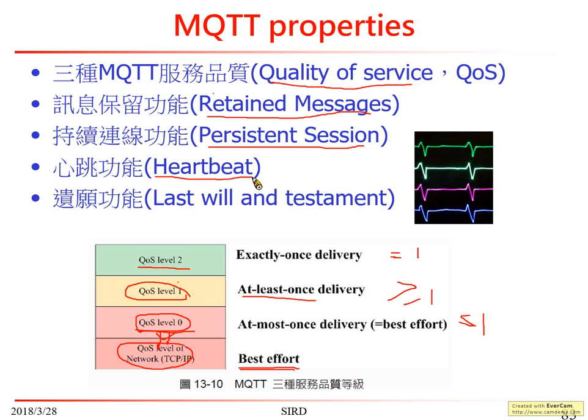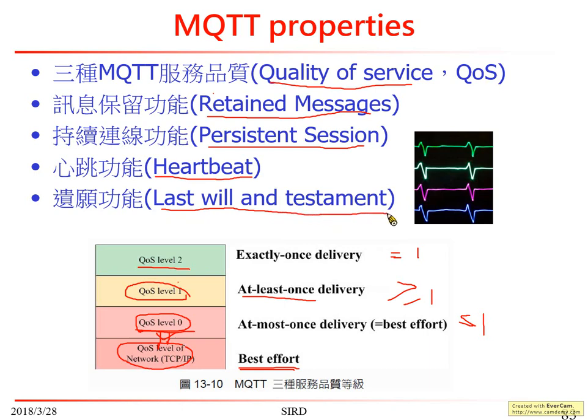So if someone sends a message to me or to the topic I subscribe to, then the broker will send the message to the subscriber. And the last one is called last will and testament.